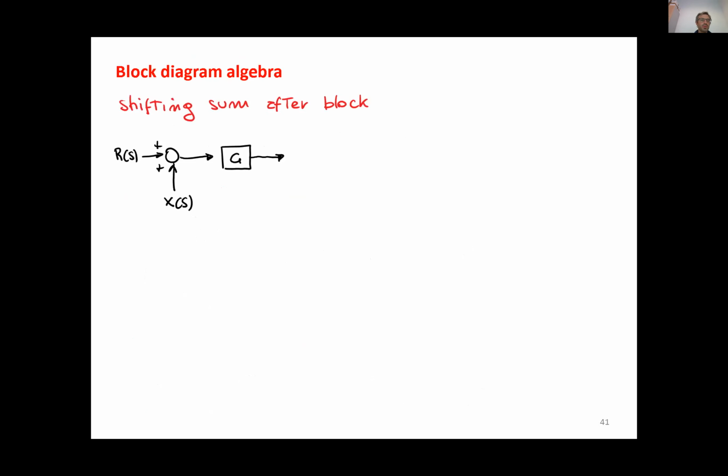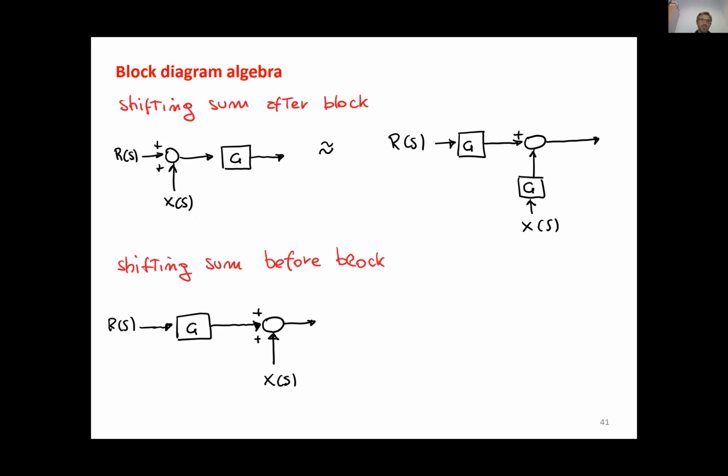And if you want to shift the summing point after a block, then you just replicate the block upstream on the two inputs.